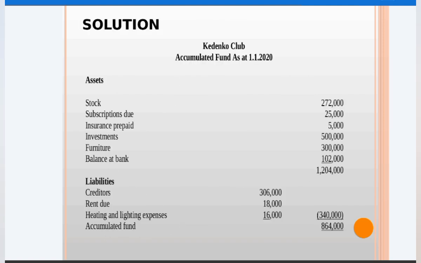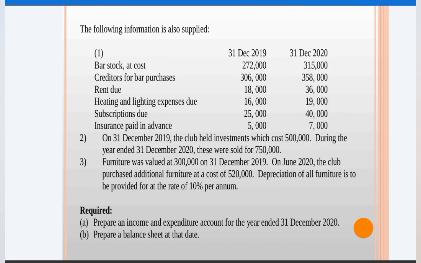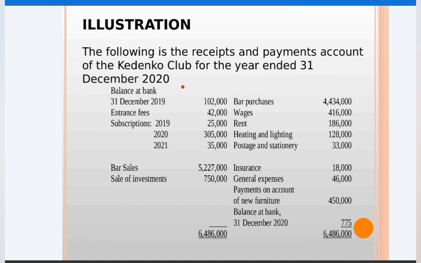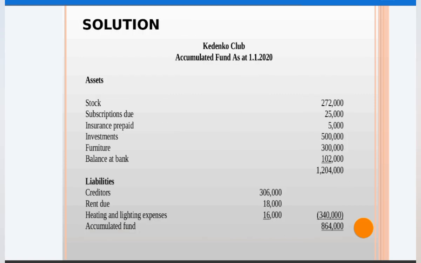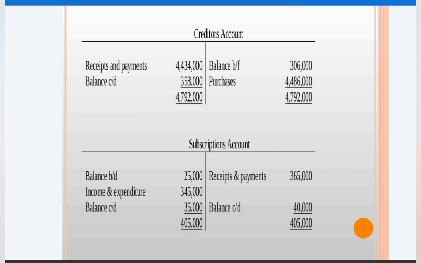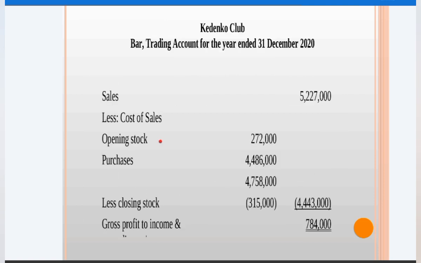You get this figure from the receipts and payments account, where we have the bar sales of 5.227 million. And then from that, you have to deduct the cost of sales, and for the cost of sales, you consider the opening stock, 272,000.